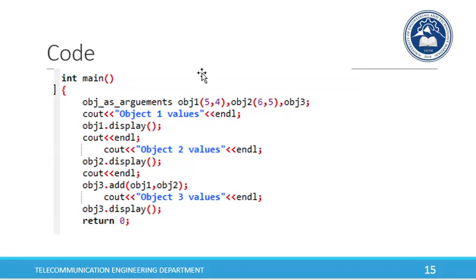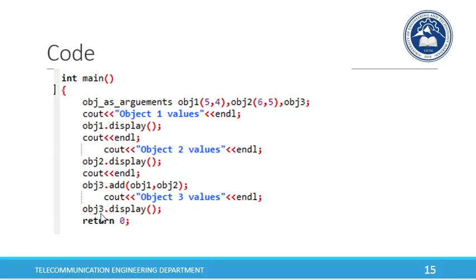And for object 2 values, we call object 2 dot display, so it will display the object 2 values. And then object 3 dot add: we are adding the object 1 and object 2 values and then assigning the result to object 3.